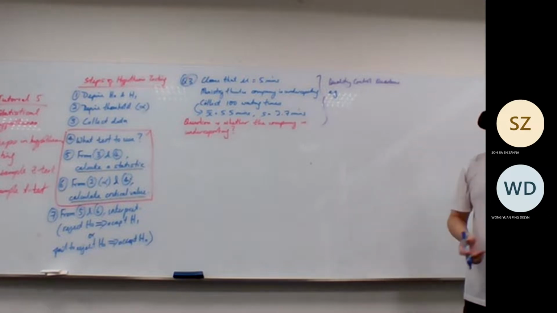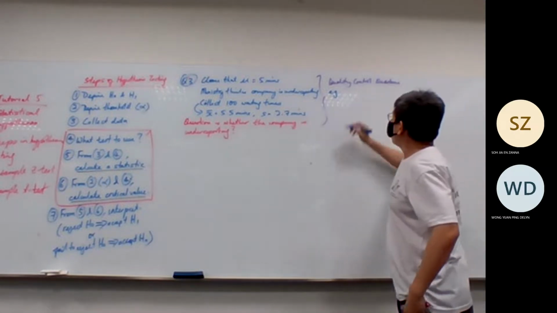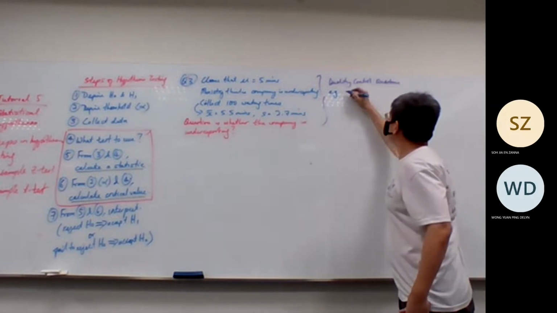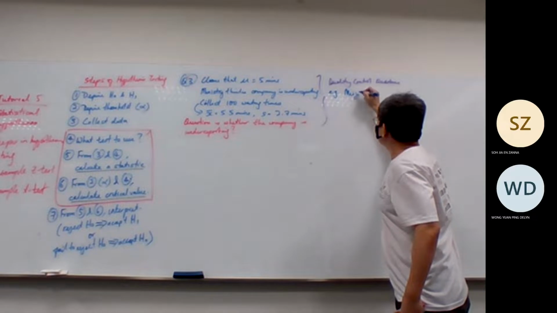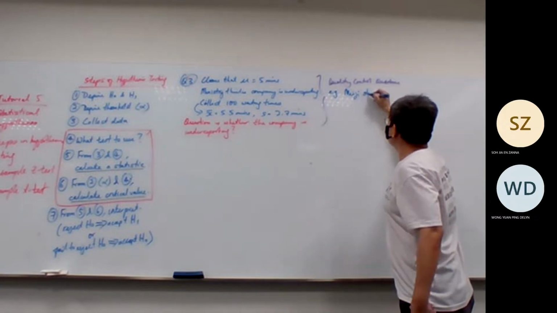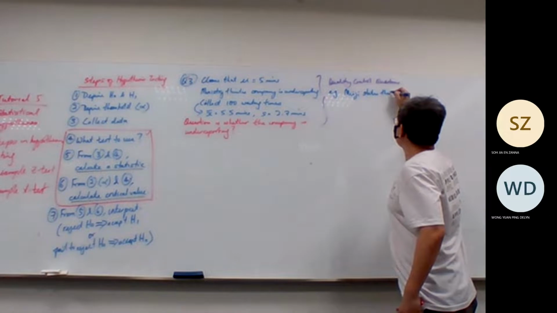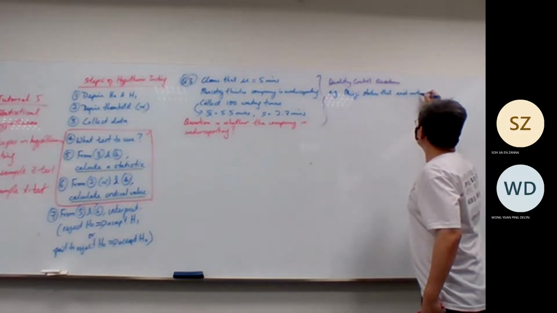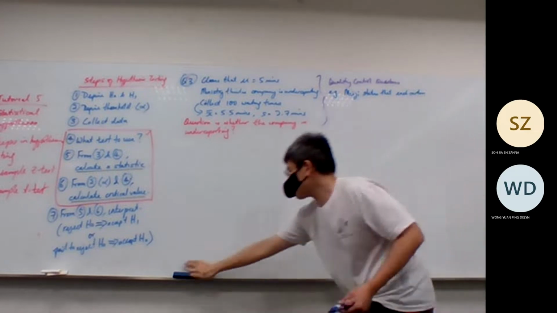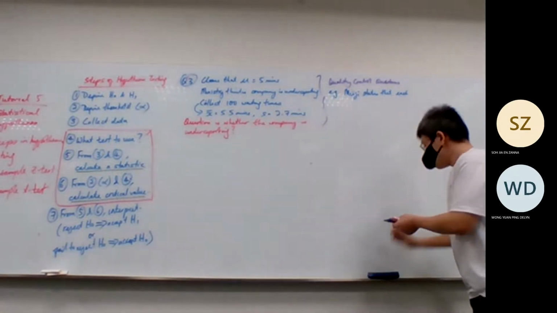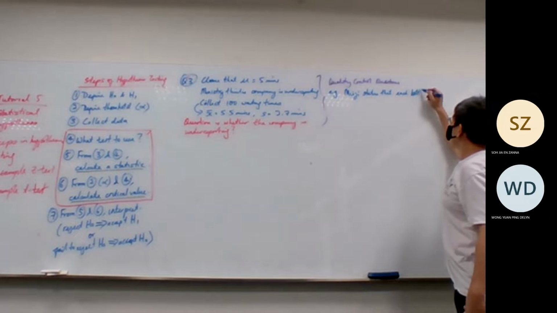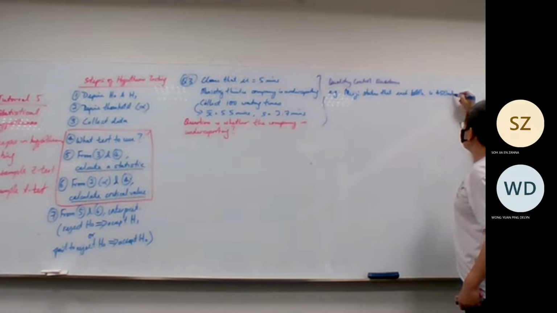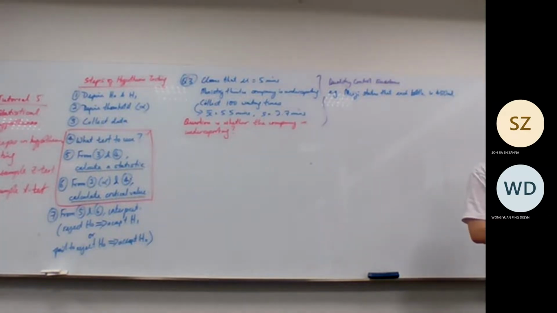For example, let's say you're Meiji. Meiji states that each bottle of chocolate milk is 450 milliliters.